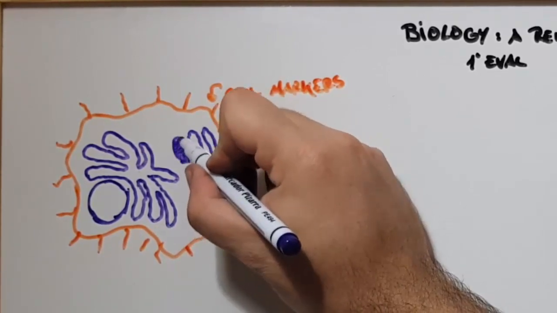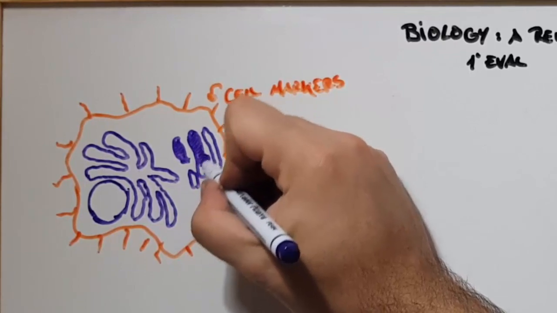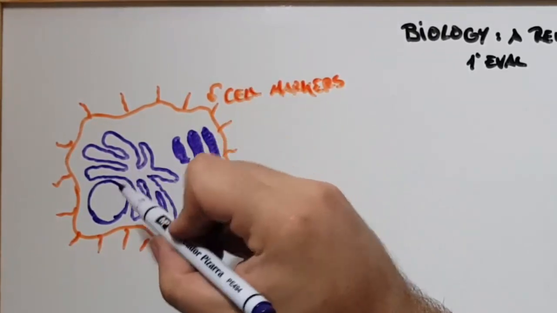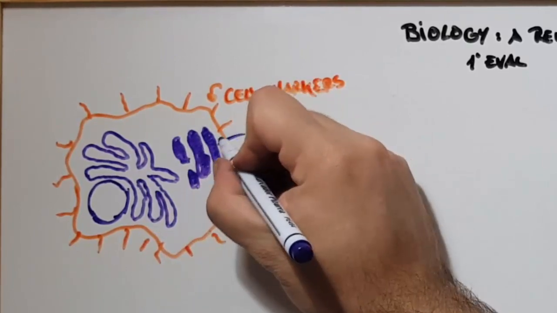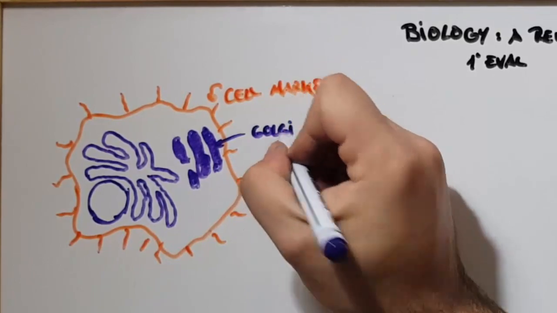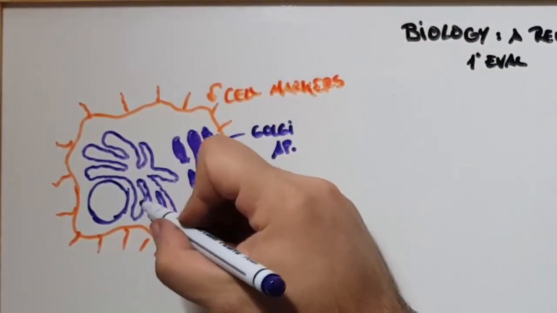The Golgi apparatus is like the final stop for everything that comes out of the cell. This is the Golgi apparatus or Golgi body. Both names are correct.